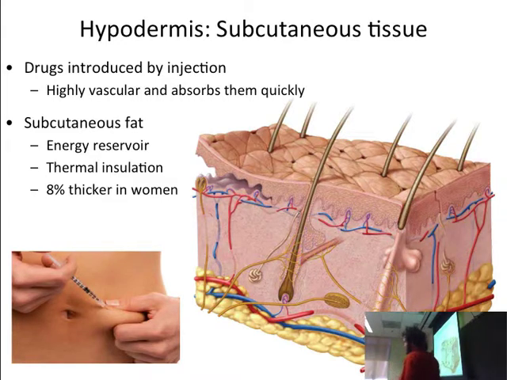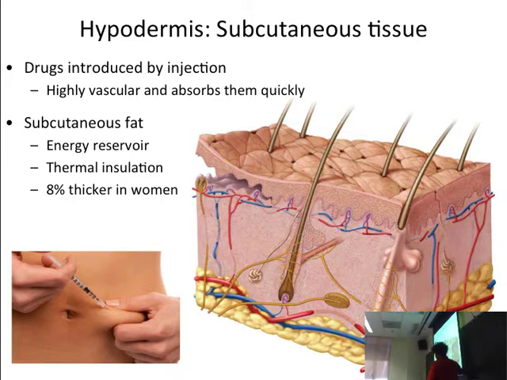This is where a lot of fat is stored, and thus it's where there's thermal insulation. Women just genetically, on average, have a slightly thicker subcutaneous fat layer than men. Just means they're better insulated.